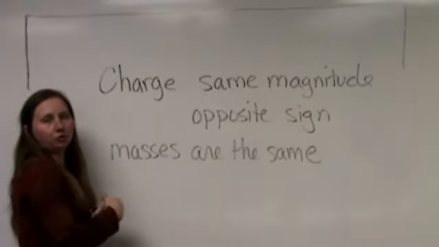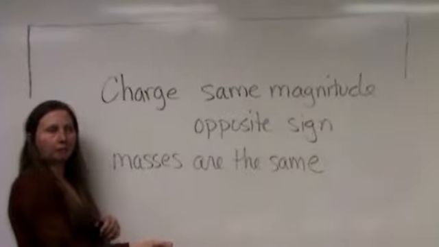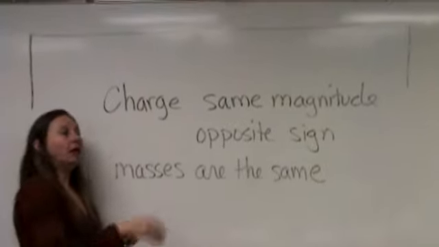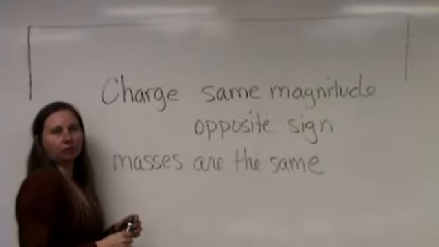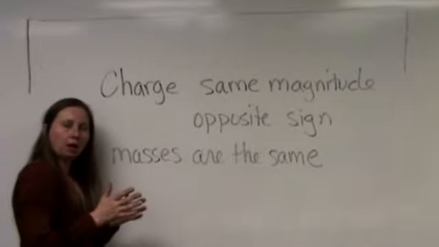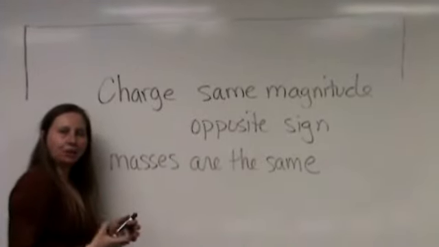This would be for a proton and an antiproton, an up quark and an up antiquark, an electron and an anti-electron, his buddy the positron. And when the two come together, they annihilate each other.